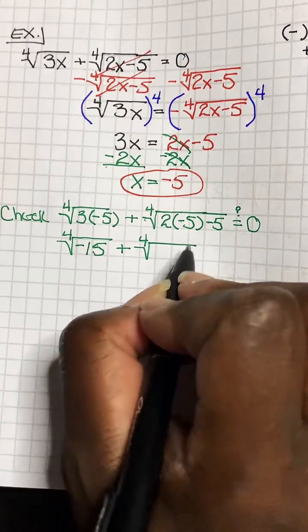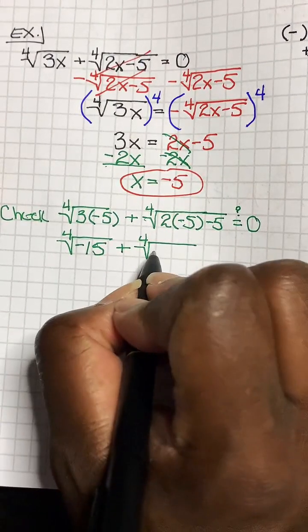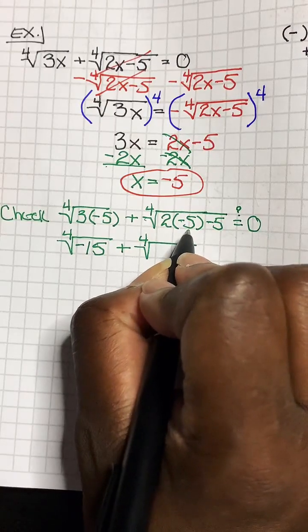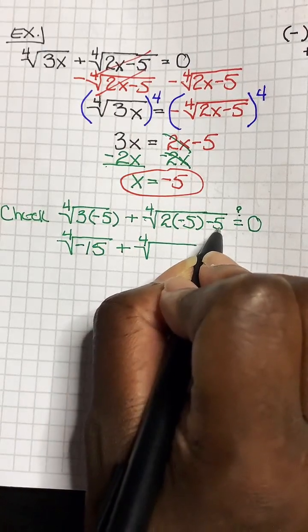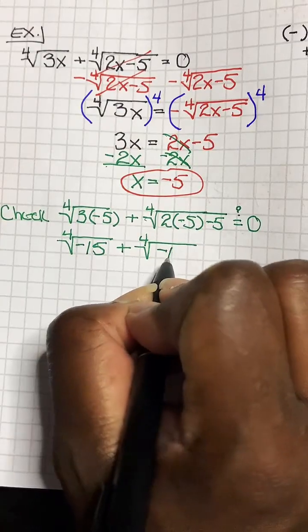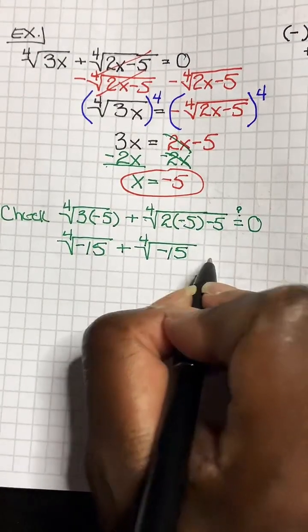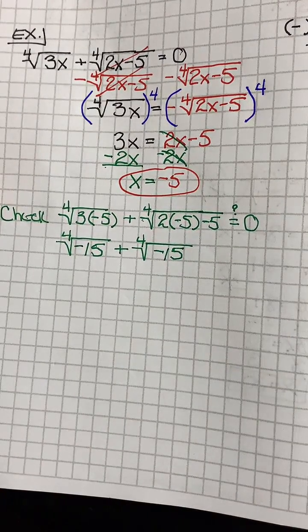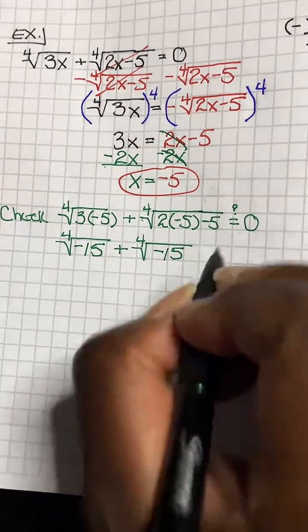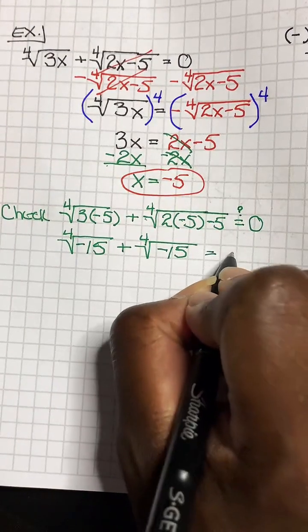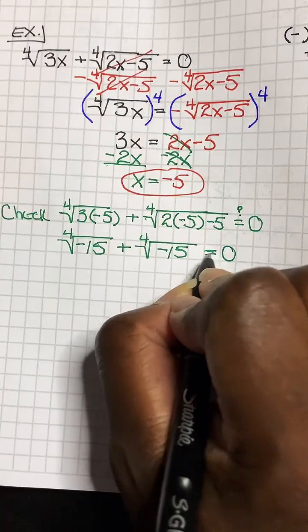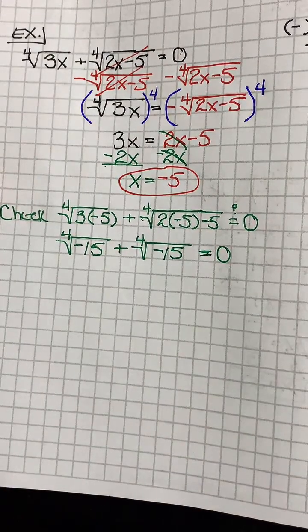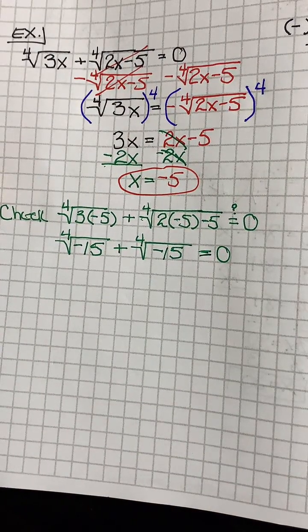Waiting for someone to say something. 2 times negative 5, that gives me a negative 10. And negative 10 minus 5, that also gives me a negative 15. And we're seeing if it equals 0. Okay.